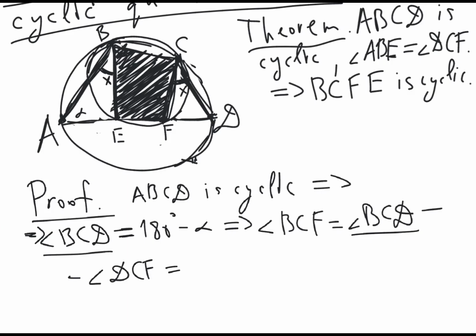BCD is equal to 180 degrees minus alpha, and DCF is equal to x. So we have 180 degrees minus alpha minus x.